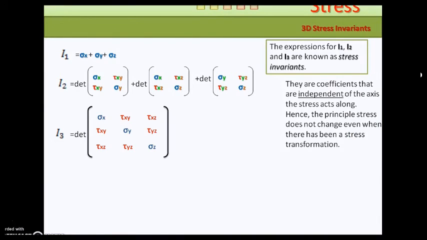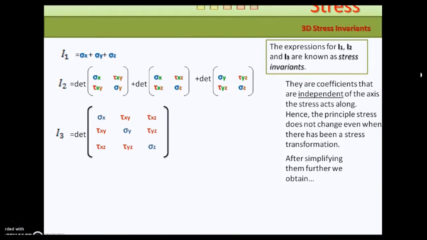The axis along which stress acts does not affect them, and it is also important to note that the principal stresses do not change with a change in the orientation of the plane.